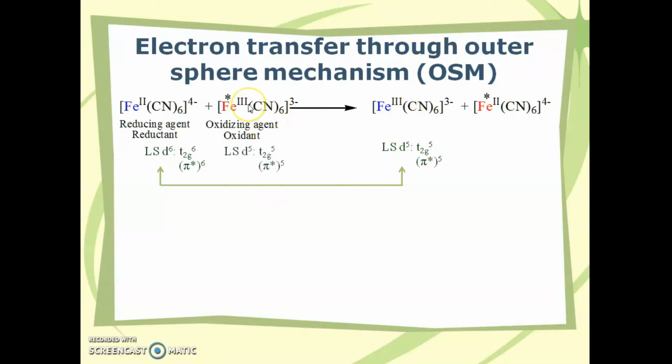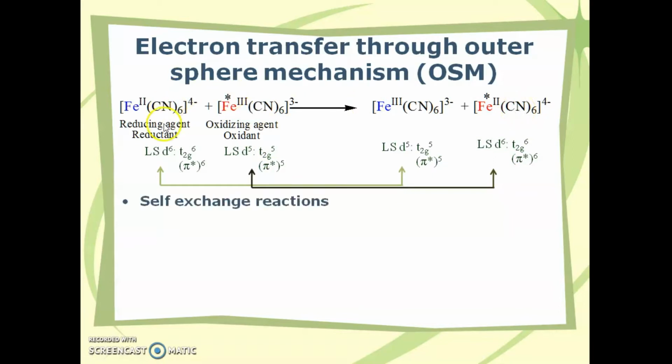The iron in 3 plus oxidation state with d5 configuration is a low spin complex with pi star 5. Now what happens after the electron transfer? It becomes Fe2+ because the electron is added to the pi star orbital. So the electron is lost from the pi star orbital from here, and the electron is gained in the pi star orbital going from Fe3+ to Fe2+.